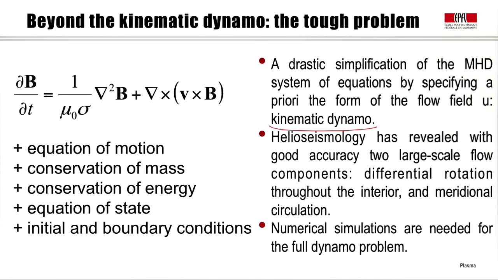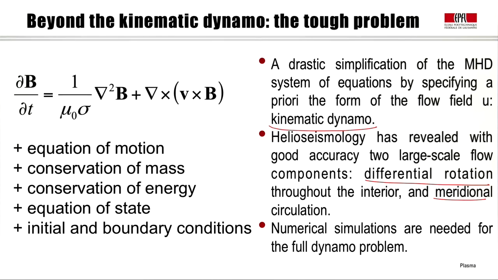This is due to the fact that, thanks to helioseismology, we know with good accuracy the two large-scale flow components, which are the differential rotation inside the interior of the Sun and the meridional circulation at the surface of the Sun. The real problem to be solved is much tougher than the kinematic dynamo.